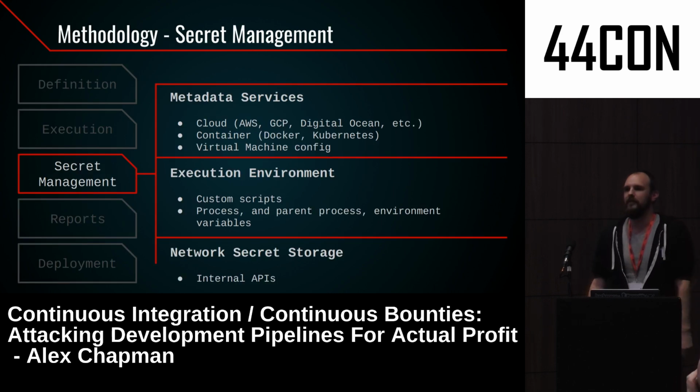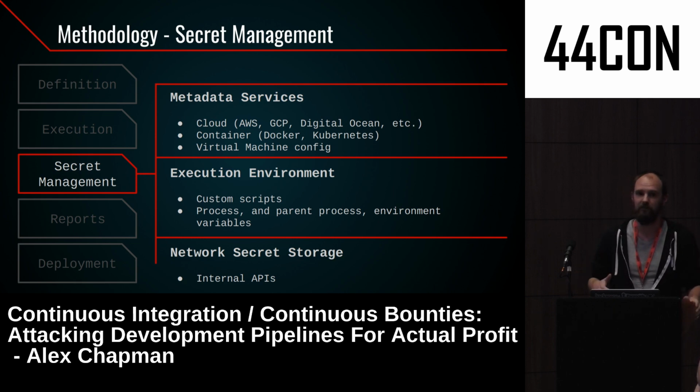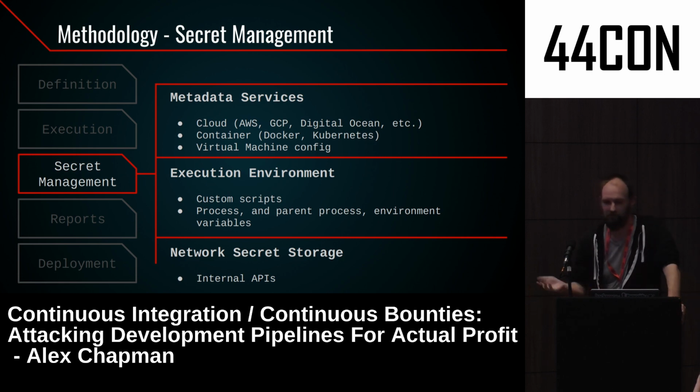So in terms of secret management, in order to do anything interesting, a build instance is going to have to access secret data. As I said at the start, this could be source control management credentials. It's got to be able to clone the source, unless it's given the source some other way. It's going to want to deploy the source somewhere, whether it's to an artifact factory or to a server.